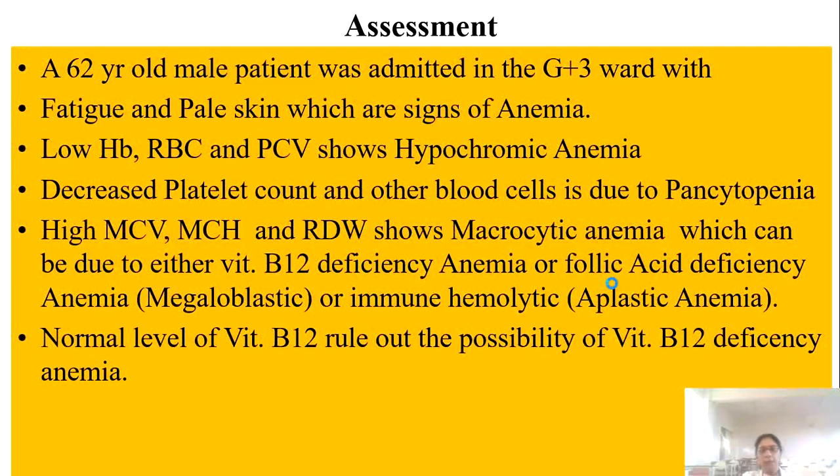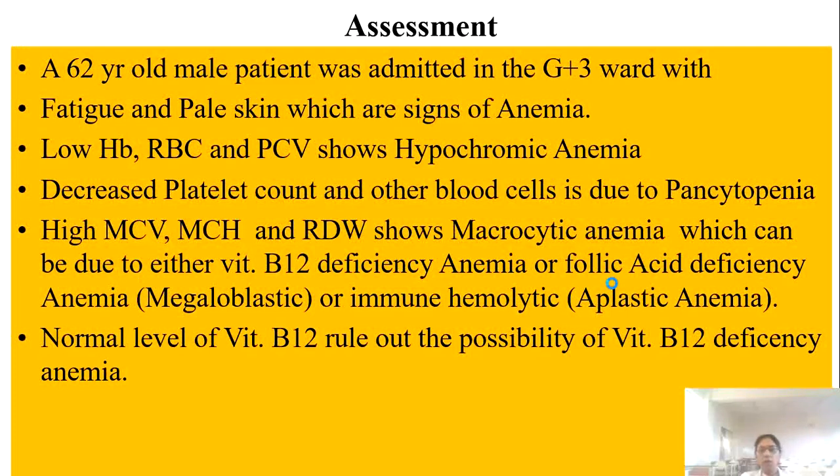This is indicating how we initially classify the different types of anemias. Usually we classify them by the basic things you might have studied, like hemoglobin and MCV, depending upon which we see whether it is microcytic, macrocytic or normocytic. Here we can see that it is a dual anemia, or it can be aplastic anemia with pancytopenia.